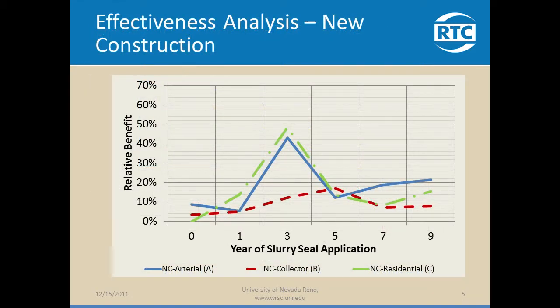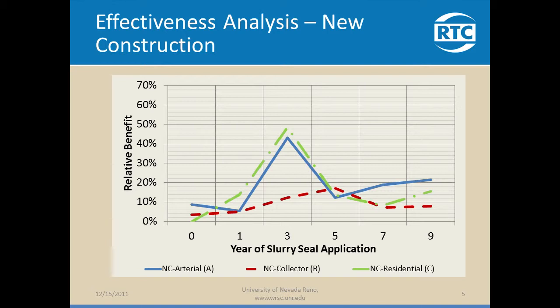And this is another cool set of data that came out of that optimal timing. We started looking at 13 years of data. So when is the best time to put that first surface treatment down? And this is benefit, this is the ratio of the yellow part of that curve to the blue part of the curve. If you do it at year 0, you get about maybe 5 or 10%.